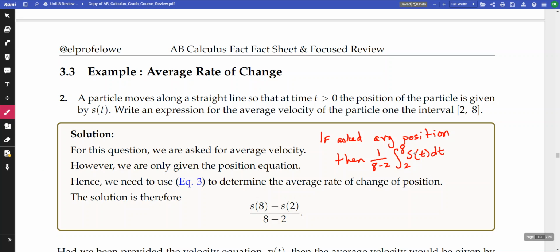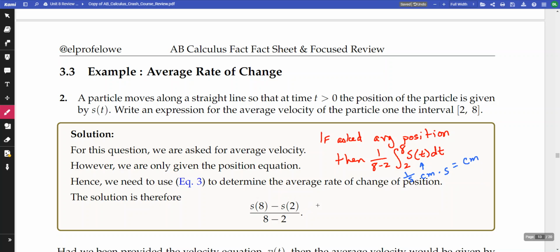If I have my position with respect to time, then this maybe is given in centimeters and time is maybe given in seconds, but then I'm dividing by a change in time. So that means times 1 over seconds. And the net result would be 1 over seconds times centimeters times seconds, which would be a position in centimeters.